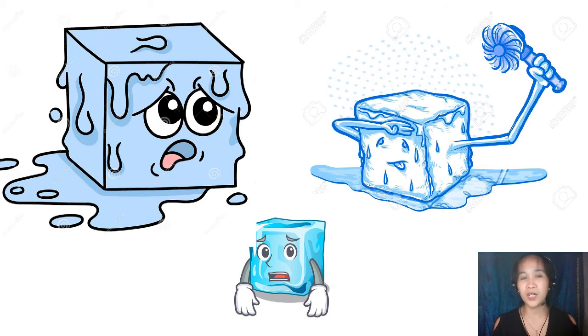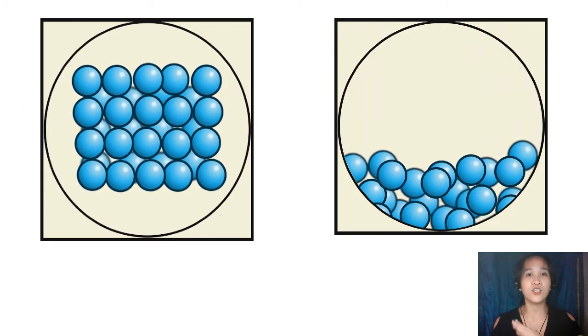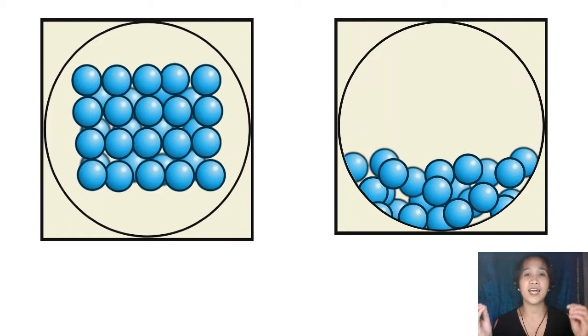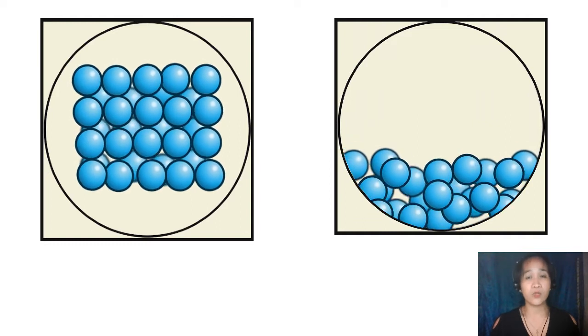So since the molecules vibrate so fast, they break away from their fixed positions. The arrangement of the water molecules in ice gradually becomes disorganized, and the solid, where the molecules are in fixed positions, turns to liquid, where the molecules are more free to move.